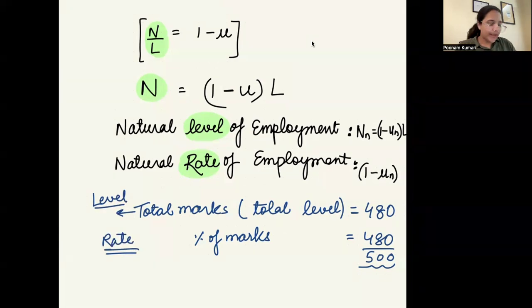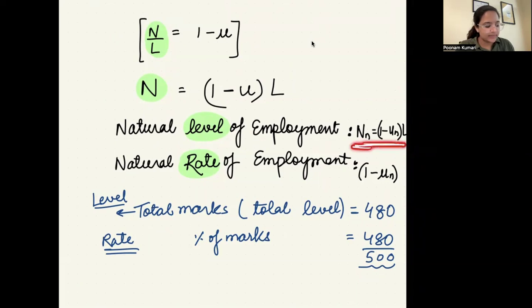Yes, ma'am, got it. So natural level of employment will mean how many people are employed when the unemployment rate is at the natural rate of unemployment. तो जब unemployment natural rate of unemployment पे था, then what was the number of people who were employed?